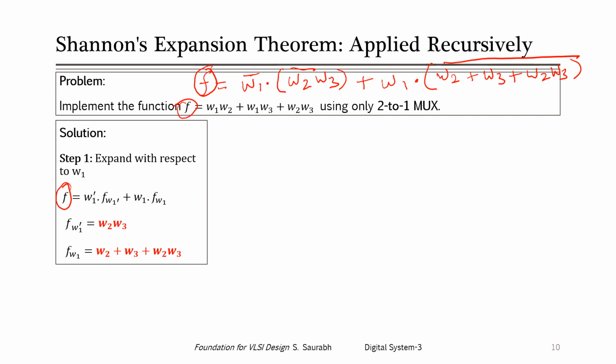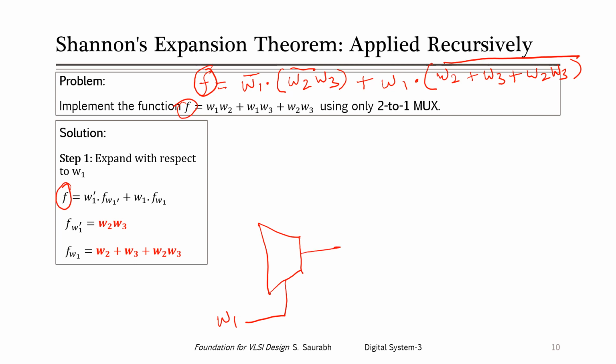And why have we done this decomposition? We have done this decomposition because now it allows us to write a function in terms of a MUX implementation. For example, we can think of a 2-to-1 multiplexer in which there is a select line W1, right?